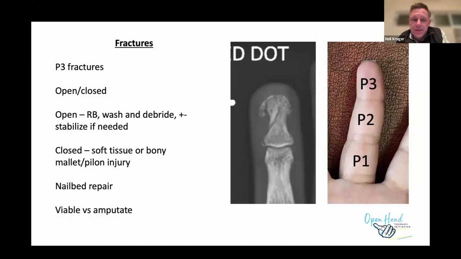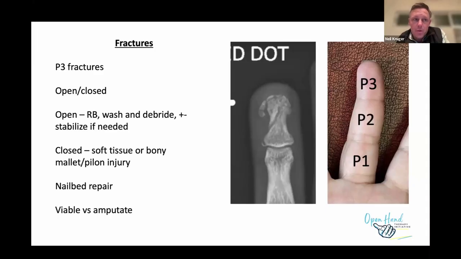If it is closed, it's either a soft tissue or a bony mallet or a pilon type injury, or it is simply a crush injury where there hasn't been a breach of the external skin. And so it's important that you need to identify these. This again is very important in terms of getting an X-ray.